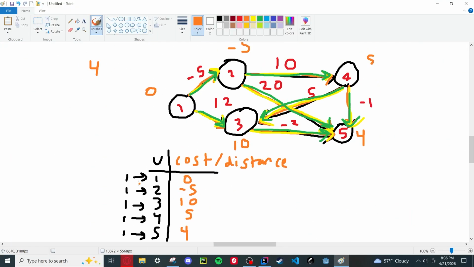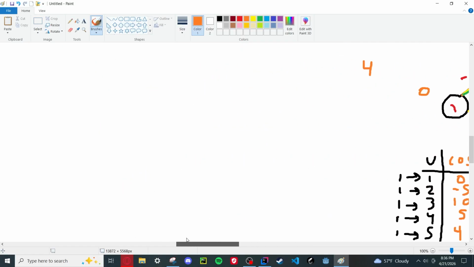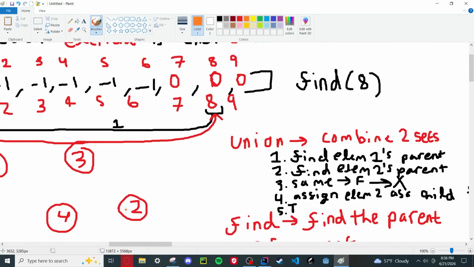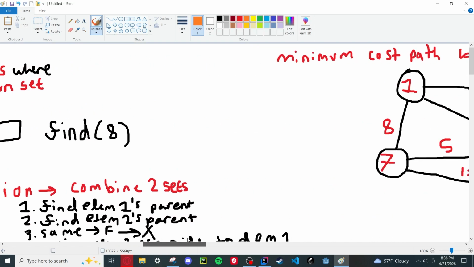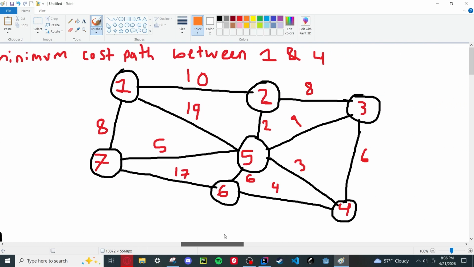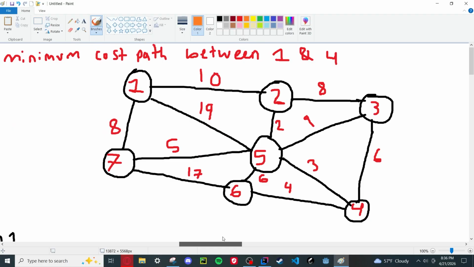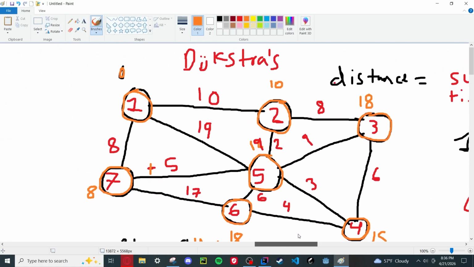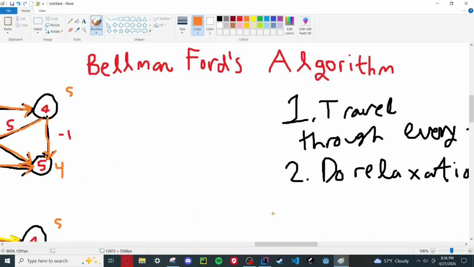They tell you the cost or distance from one node to the other. Which is why when you see a problem like this that asks for the cost between two vertices, the minimum path, you can use Dijkstra, and then you can also use Bellman-Ford.